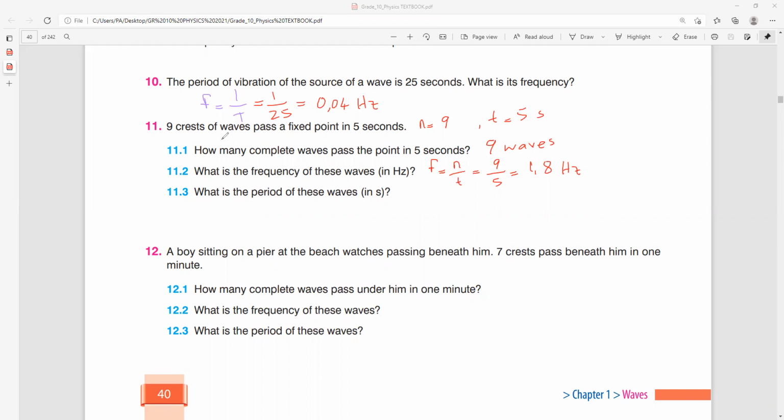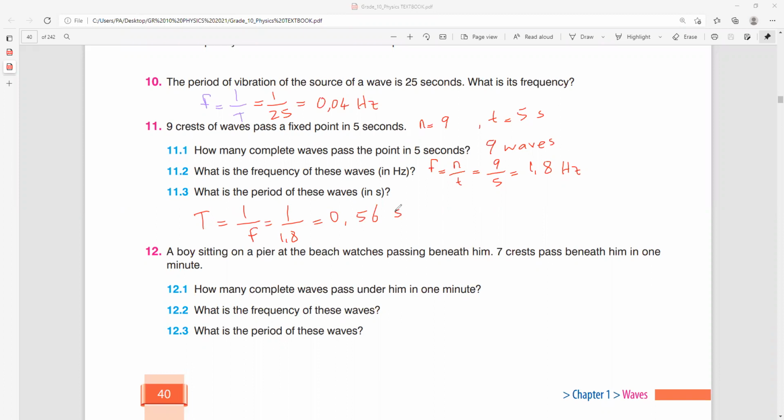What's our answer? 1 over 1.8. 0.56. You are right. So T equals 1 over F. This is our formula. T equals 1 over F, and then you can write 1 over 1.8. The answer is 0.56 seconds. Done.